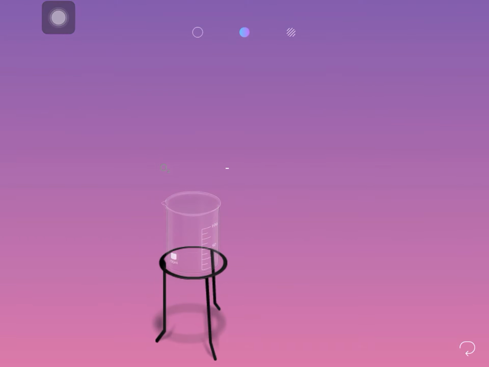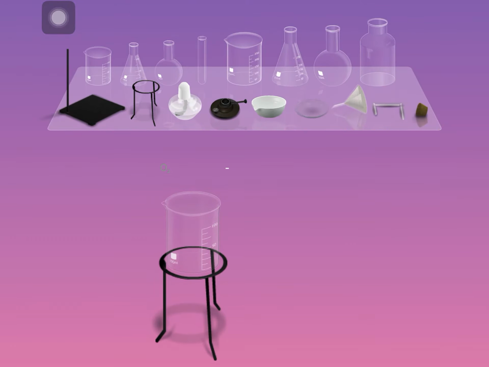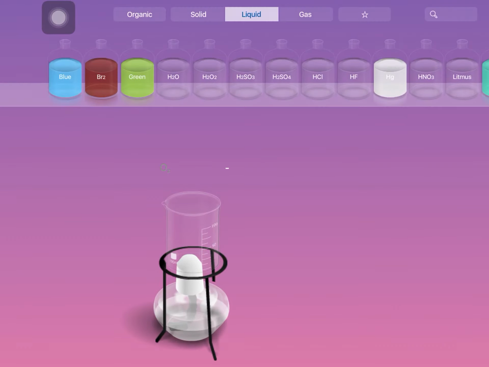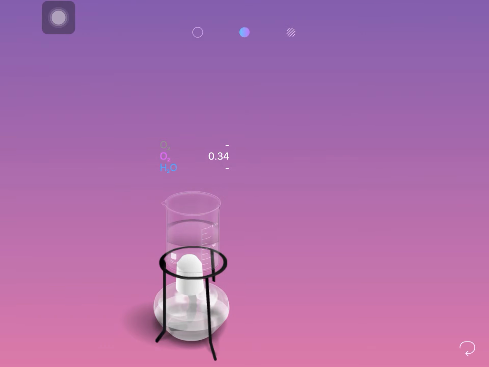We kept the beaker on it, and we will take the spirit lamp and water. This is water. Pour it in here, approximately 50 ml of water, right? And ignite this. We are just observing what's going on.